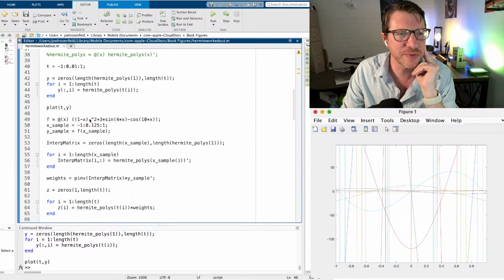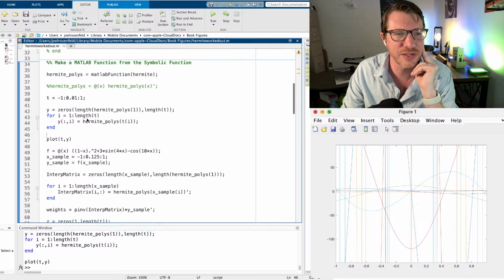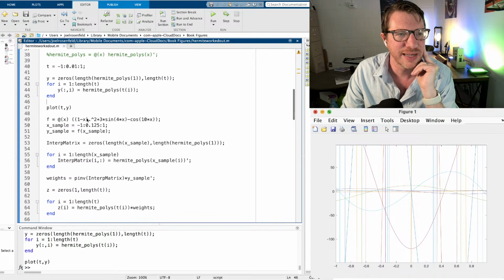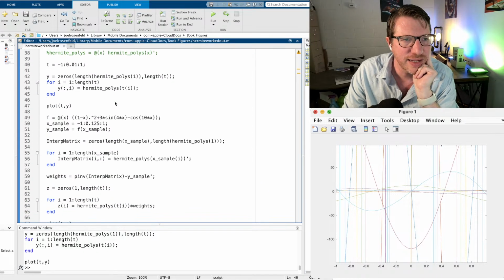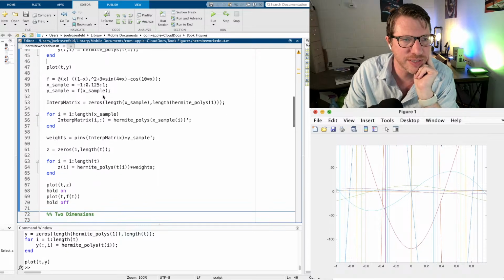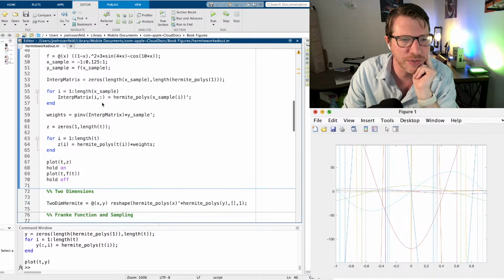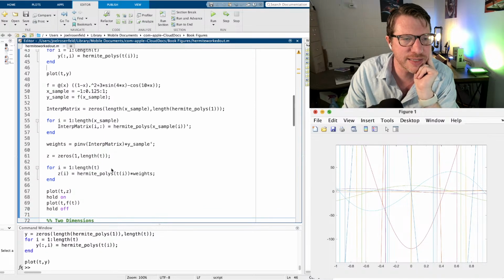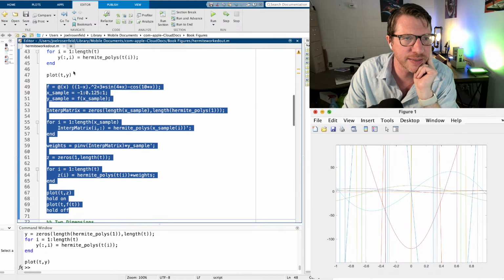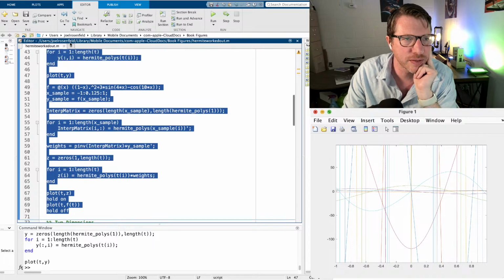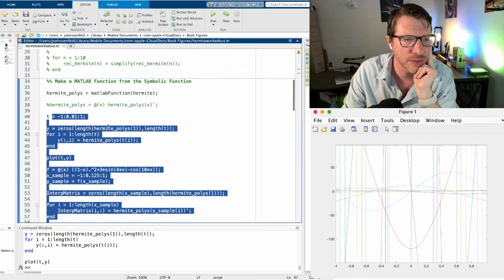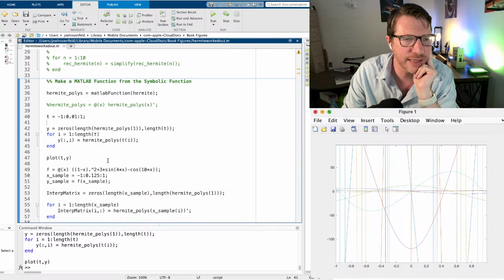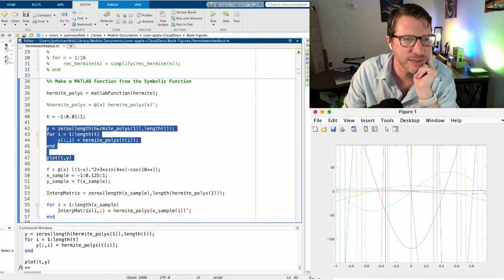Let's see. So my idea is I just want to demonstrate how to do some approximations with them. And so in this case, I'm not only wanting to work with just one-dimensional stuff, although we can. I also want to work with 2 dimensions. Let's go ahead and hide this stuff.